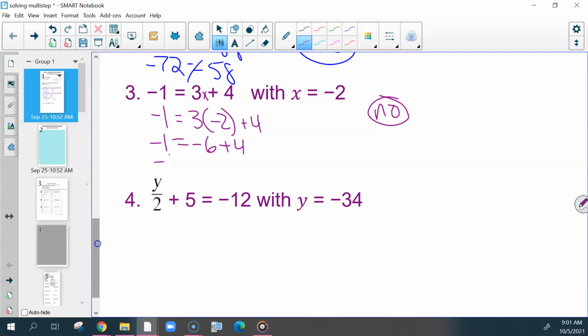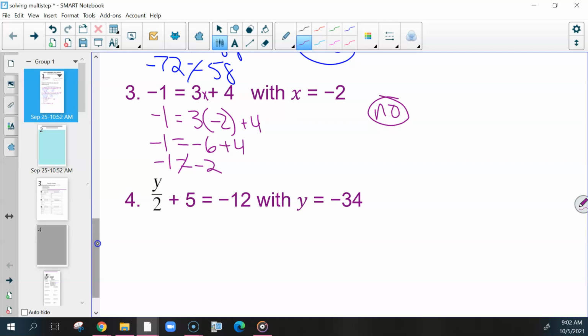Negative 6 plus 4 is negative 2. These two things do not equal one another. Yeah, I thought the x was negative. So yeah, sometimes your equation switches.